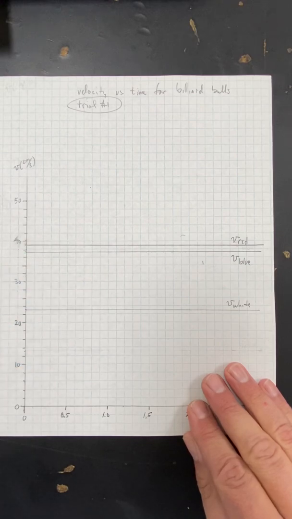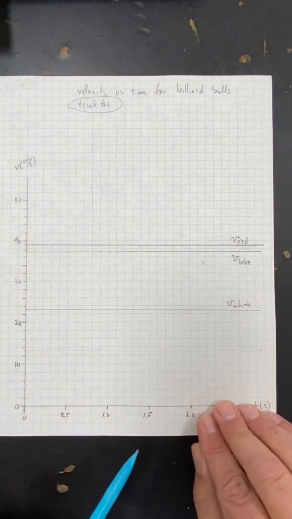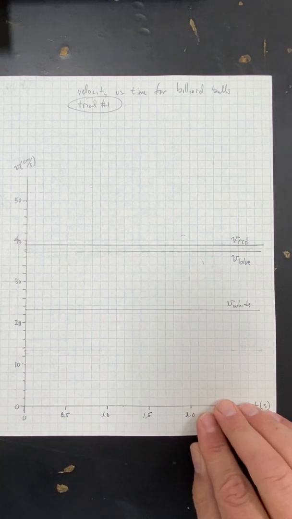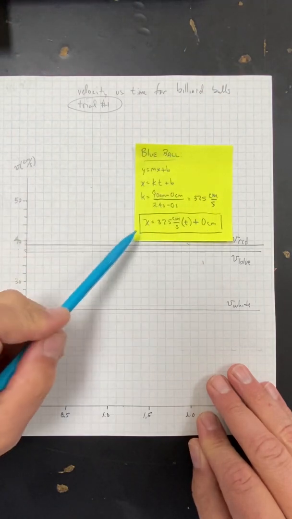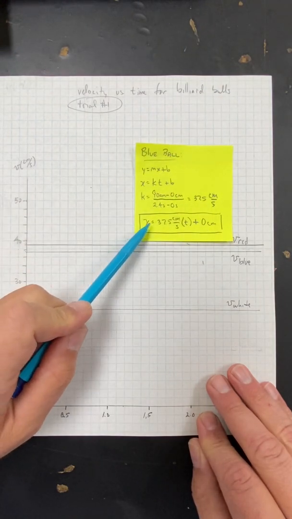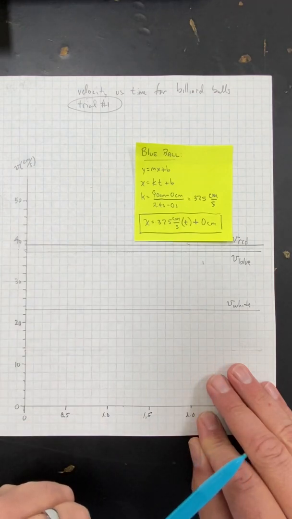Now, where did I get these values? Notice they're just horizontal lines, which would mean an unchanging velocity. Well, the blue, if you remember, the blue ball had a velocity of 37.5 centimeters per second. That was the slope of the position graph.